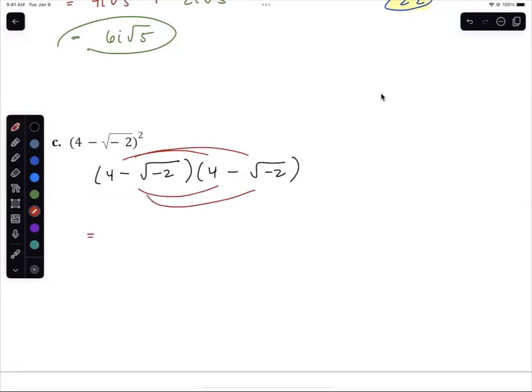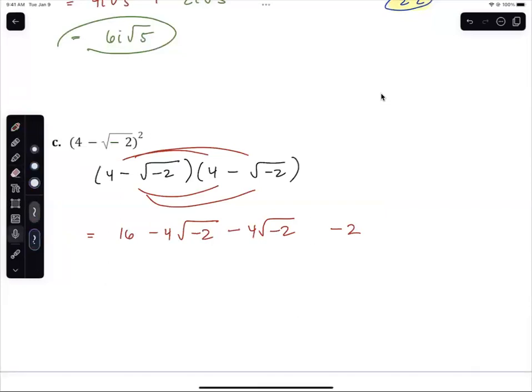So we're going to get 16. 4 times negative square root of -2 is minus 4 square root of -2, and then times another -4 square root of -2. Negative times negative is positive, and then square root of -2 times square root of -2 is just -2. So this is going to be actually just -2, so I'm going to take away that plus sign.